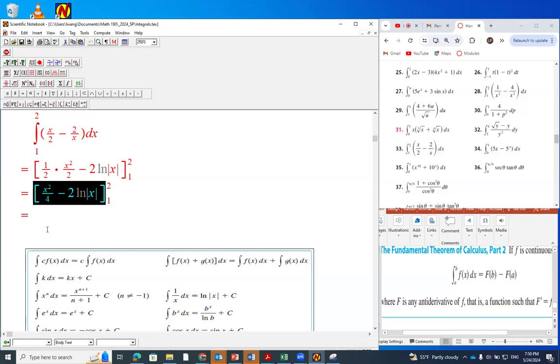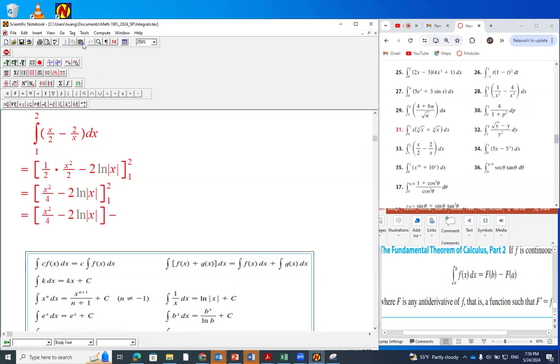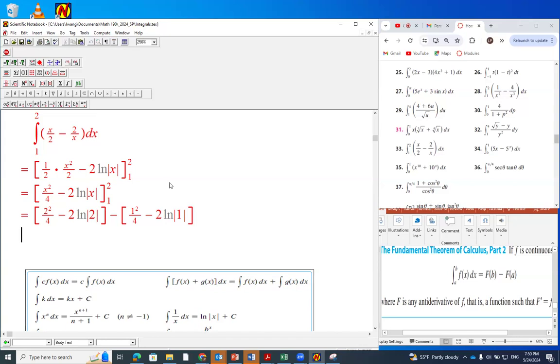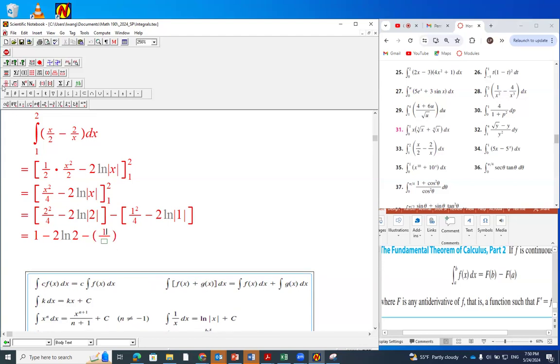Basically, you have two brackets, one bracket subtracting another bracket, with x equal to 2, which is the b, and x equal to 1. Simplify. 4 over 4 is 1, so that part equals 1 minus 2 times ln 2, subtracting 1 squared over 4, which is 1/4, and ln 1 is 0.